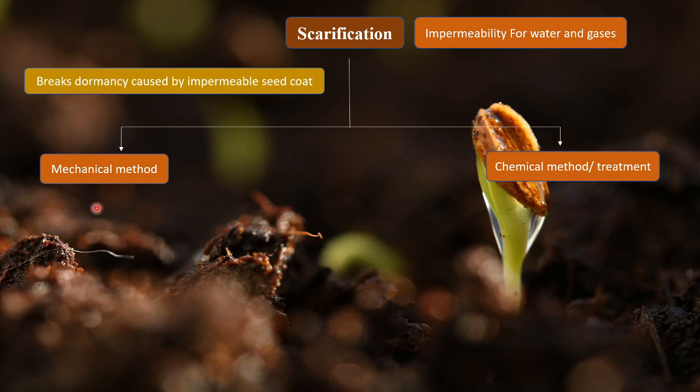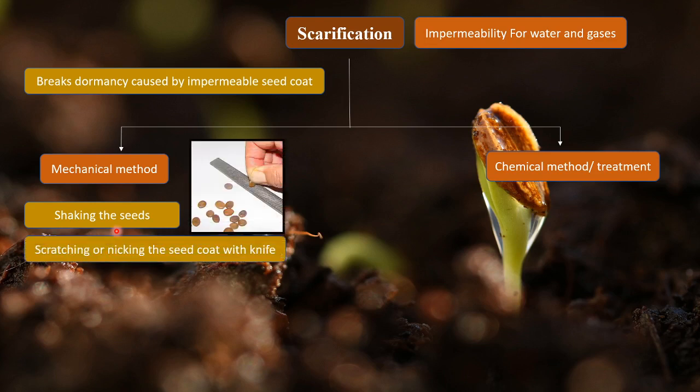So let us understand what the mechanical method is. Mechanical method is anything that we do physically, right? One example is shaking the seeds. So either you shake the seeds continuously so that the seed coat will become permeable to water and gases, or by scratching or nicking the seed coat with a knife.